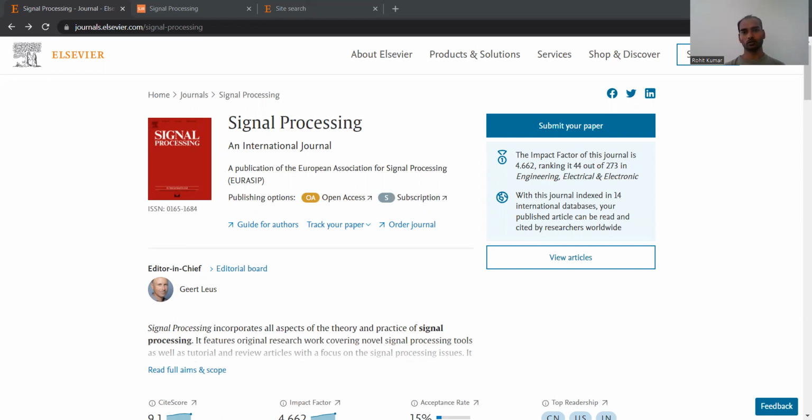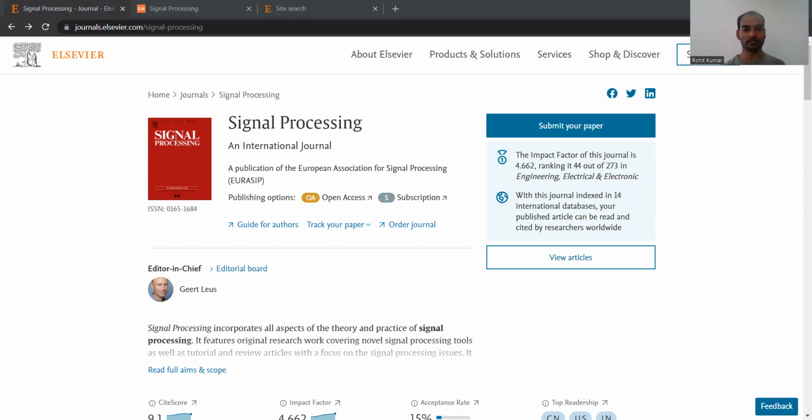So please make a well-considered judgment before going for a particular journal, because if you are a fresh graduate and you are going to look for a job next, then definitely these sort of decisions are going to have an impact.